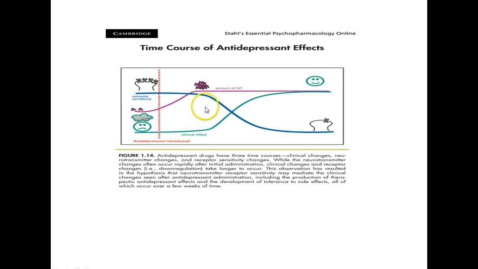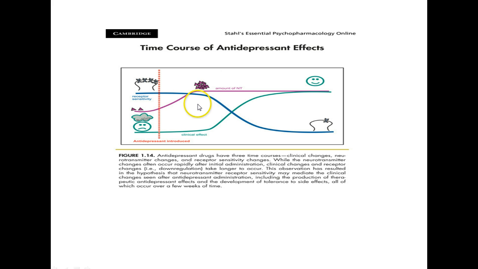The time course of the antidepressants, of course, involves receptor sensitivity. The more downregulation of the effect happens, as more and more receptors are downregulated, the more the clinical effect of the antidepressant becomes effective.